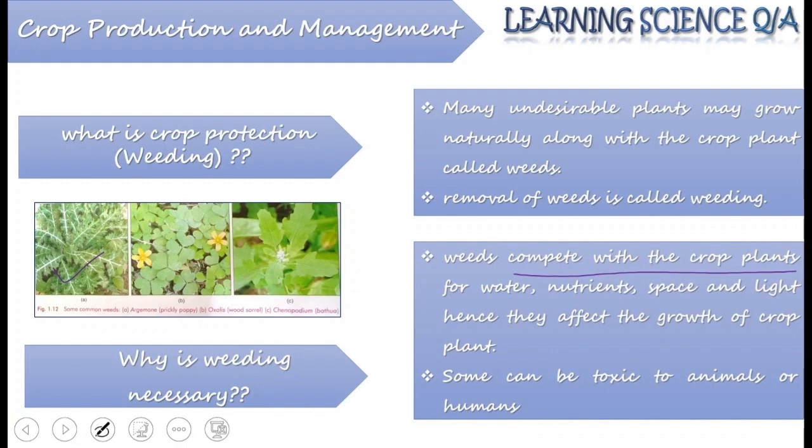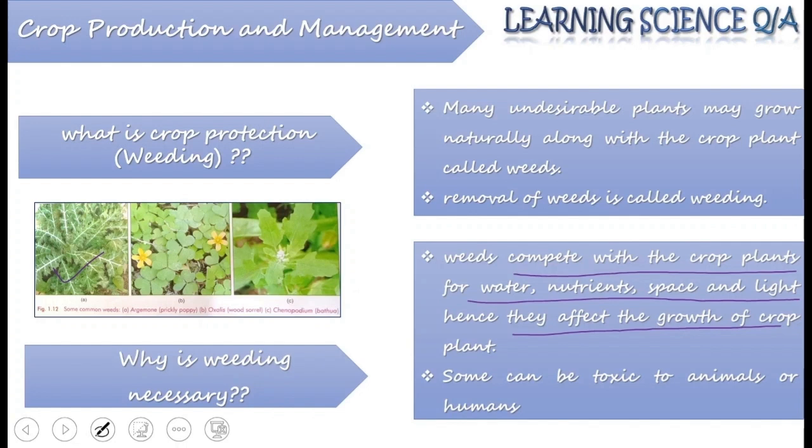The plants that you have not planted are competing with the crop plant for water, nutrient, space and light. That means whatever nutrient you are providing to your crop plant is getting shared by these weeds also. And this is affecting them negatively by reducing the growth of the crop plant.